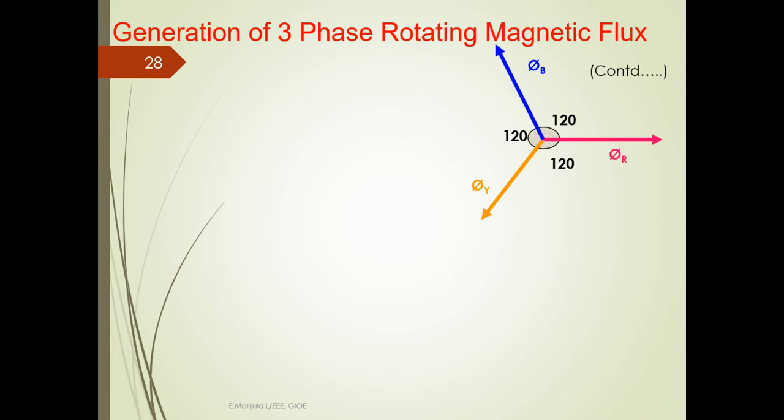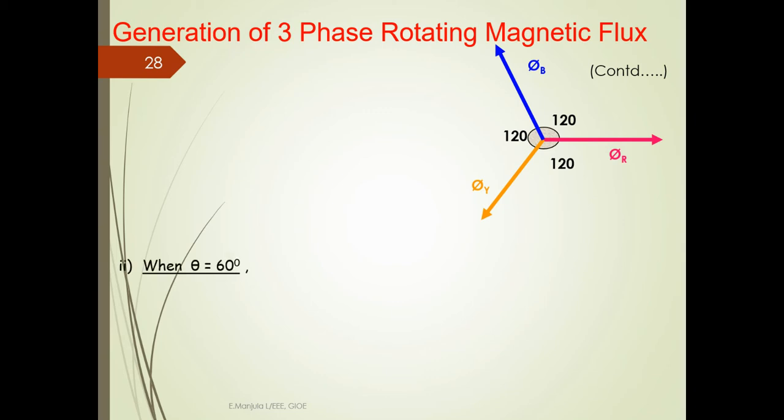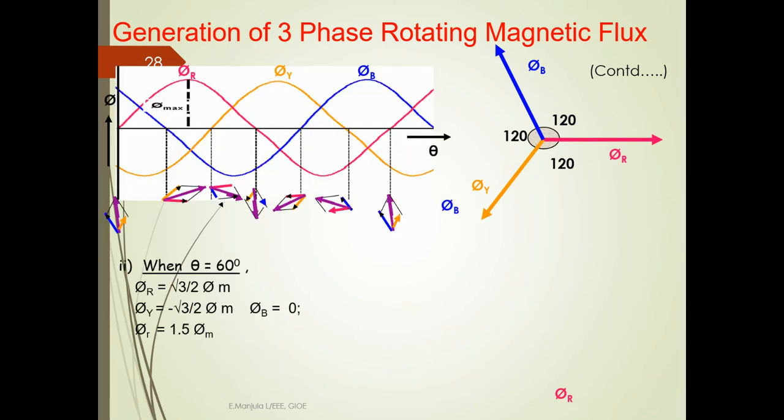So here the vector diagram has been given. Case 2: when theta is 60 degrees at this point. What is happening here? Phi b is 0, which we can know directly from the waveform.